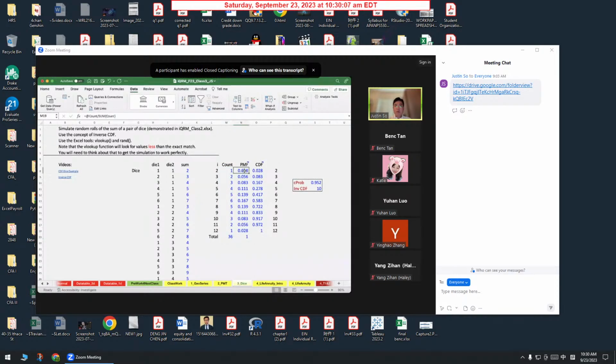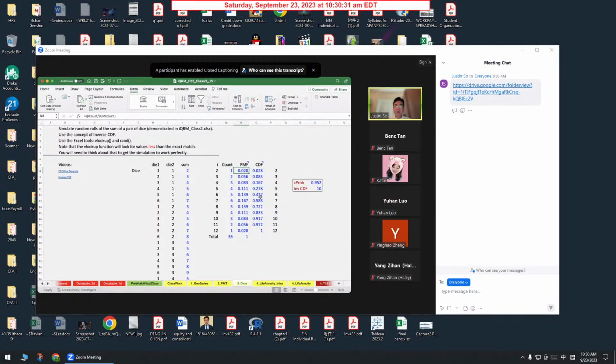Now, the PMF here, I gave you the definition, but if you're not familiar, look it up in your old textbook. Probability mass function is a function that gives the exact probability. I said cumulative distribution will be all the cumulative numbers up to that point.